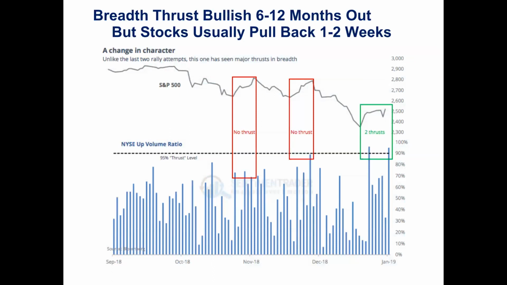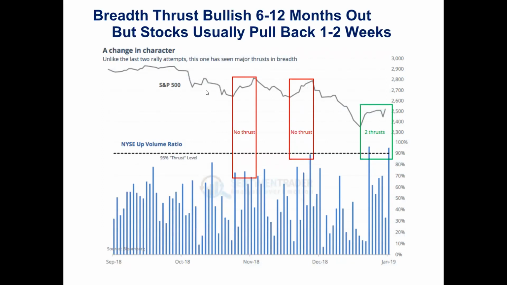What we did see this time around, though, was bullish breadth thrusts, 2 of them actually. Those are generally a positive for the market over the next 6 to 12 months, but they could lead to some choppiness over the ensuing 1 to 2 weeks.